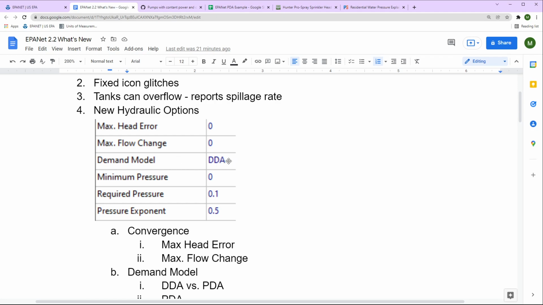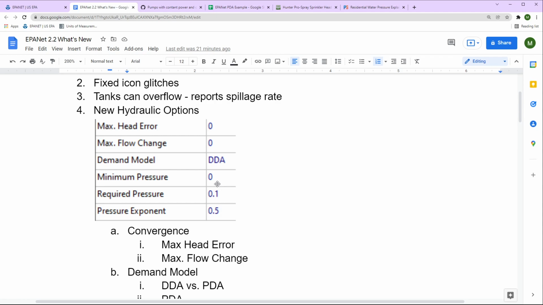The alternative that they've added in is a pressure dependent analysis, meaning that you can set some criteria to limit that behavior.